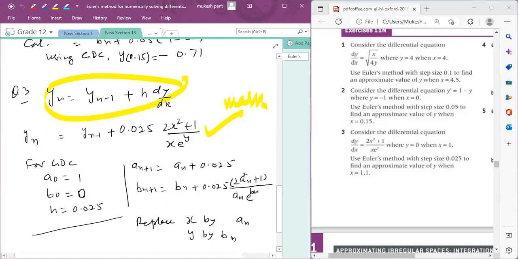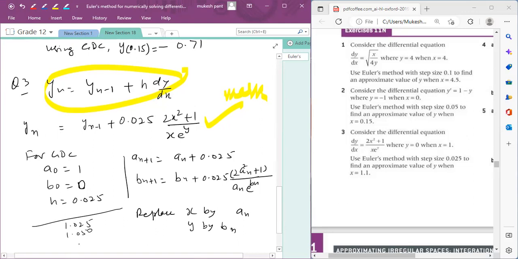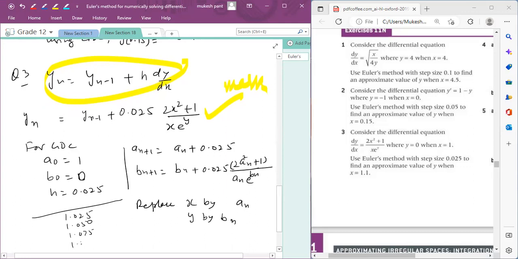Then regarding how many steps you need, and at what point: x equals 1 and you need to find the value at 1.1. So 4 steps are enough, because first will be 1.025, then 1.050, then 1.075, and then 1.100.